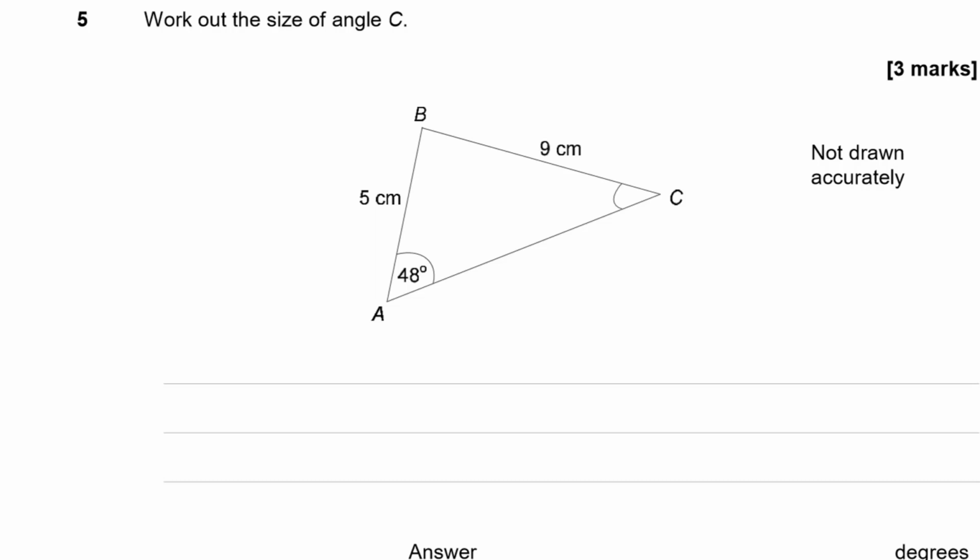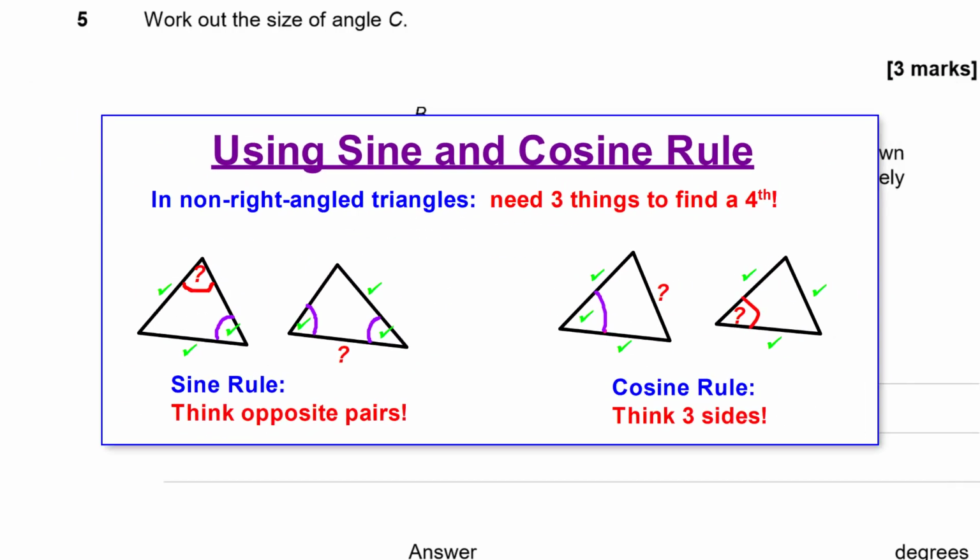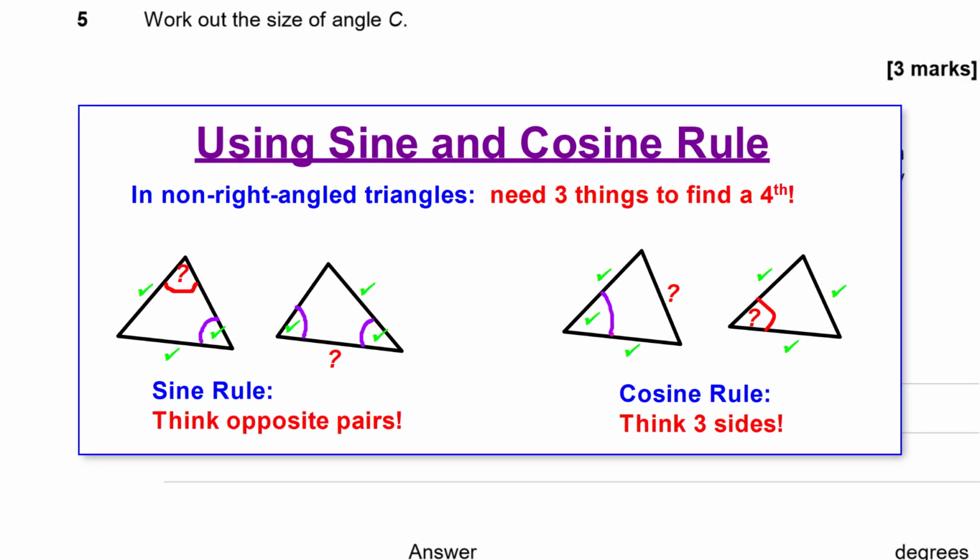So, if I know it's the sine rule or the cosine rule, how am I going to decide which one to apply? Have a quick look at this picture here. The sine rule is about opposites. It's about opposite sides and angles. For the sine rule to work, you need 2 pairs of opposite sides and angles.